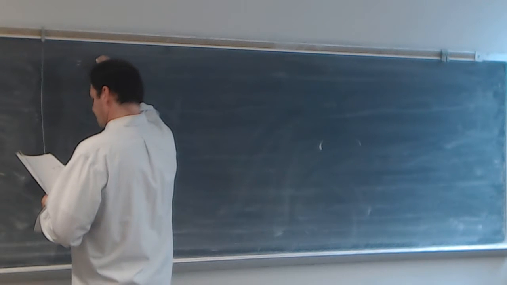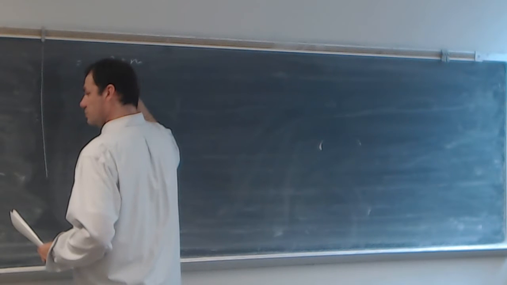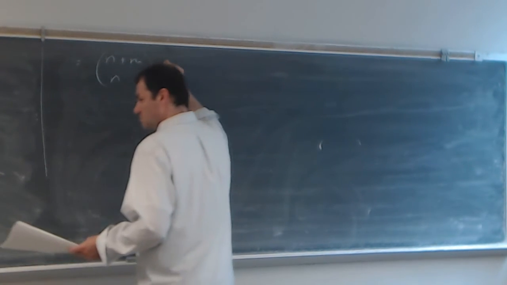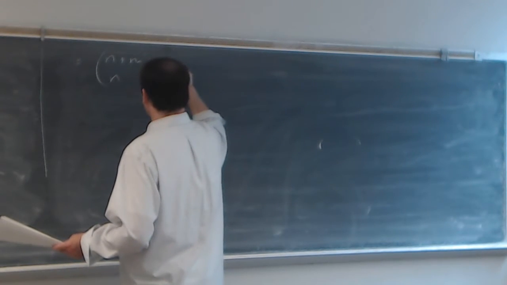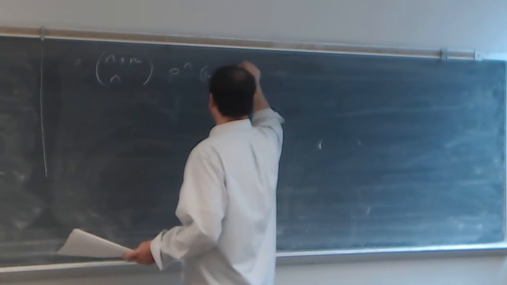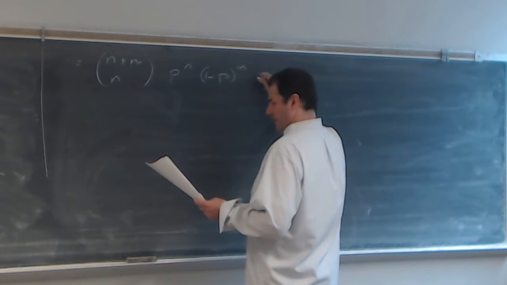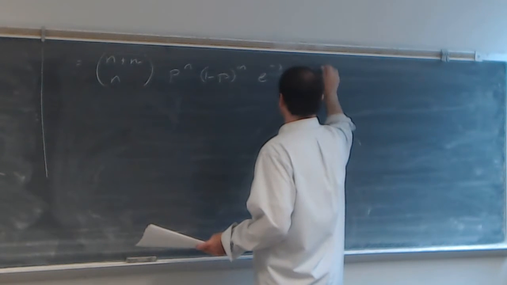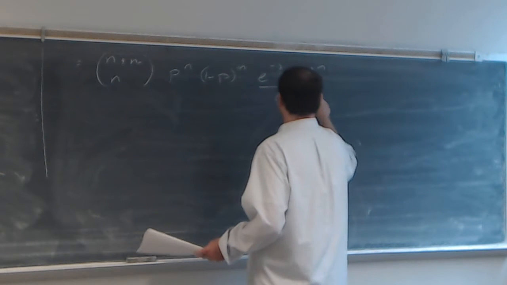So that's equal to n plus m choose n, then p to the n, 1 minus p to the m, then e to the minus lambda, lambda to the m plus n, over m plus n factorial.